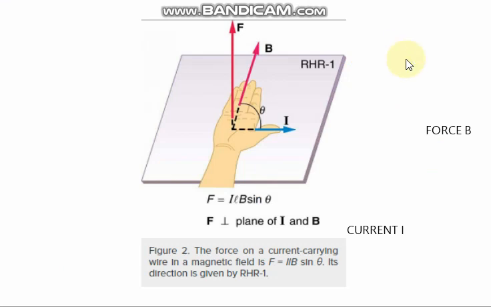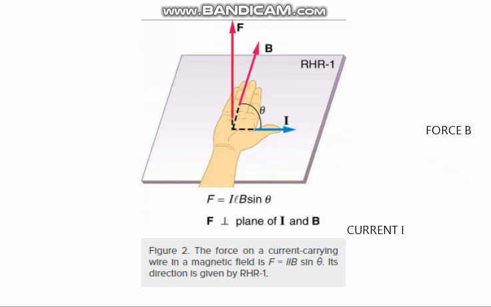Another rule which we can use to determine the direction of the magnetic force acting on a current carrying wire is the right hand palm rule, and we just discussed it yesterday in the last lecture.